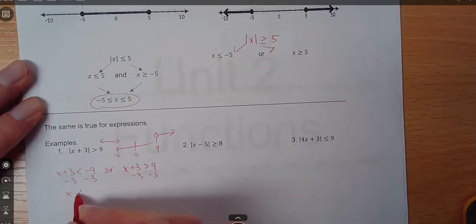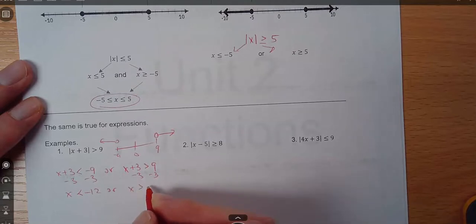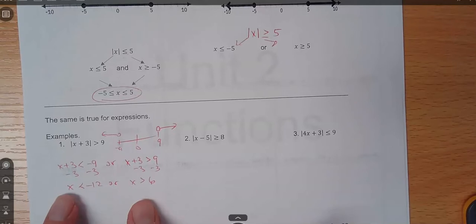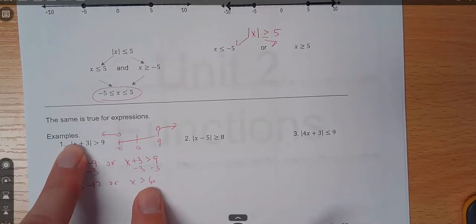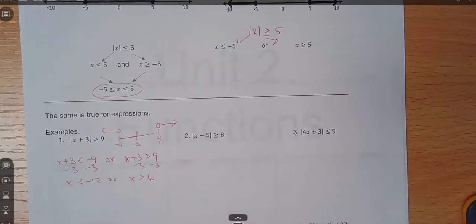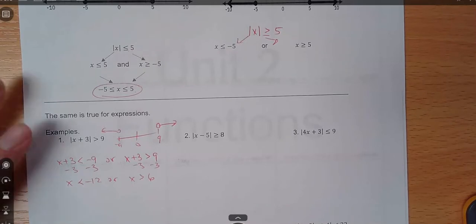So I've got x is less than -12 or x is greater than 6. If you pick any number less than -12 or greater than 6 and plug it in, it'll make it true. And on these, there are no extraneous solutions. This is right. You don't have to check it because this is it. Okay, so these are okay.